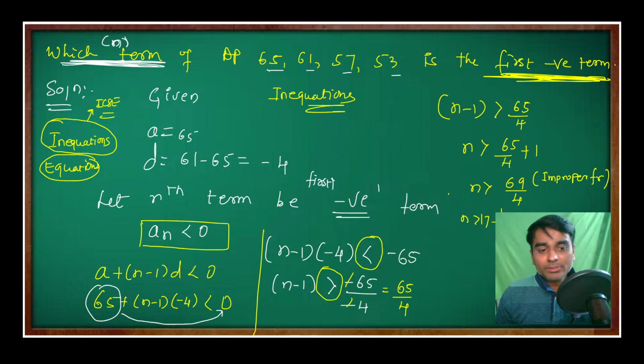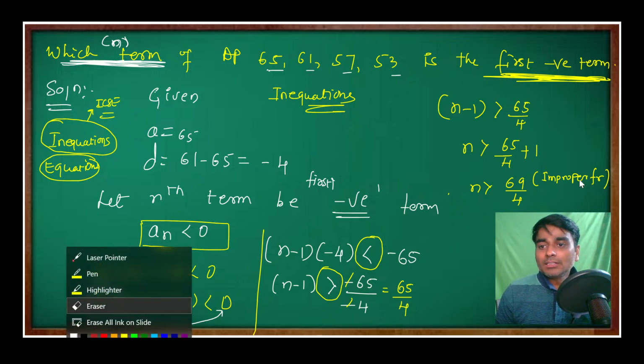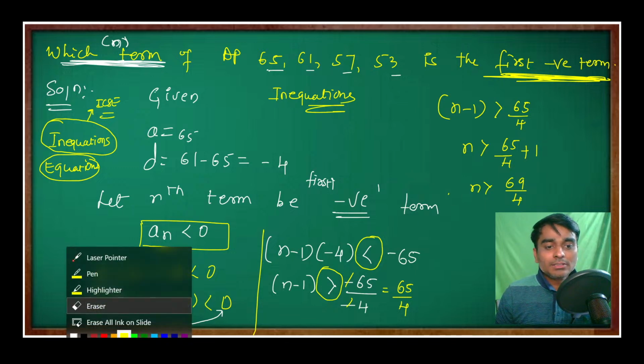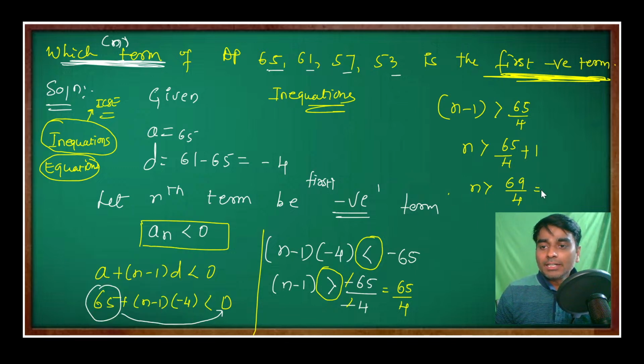You are not able to see, I will just write here. Improper fractions should be converted to mixed, always mixed. So here I will write now n greater than 17 1 by 4.